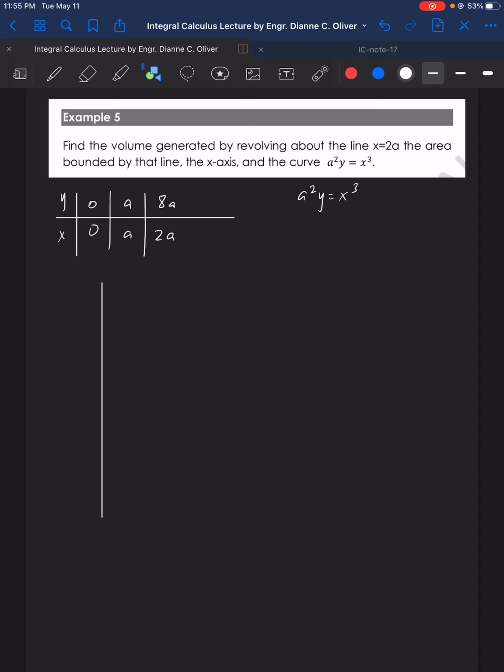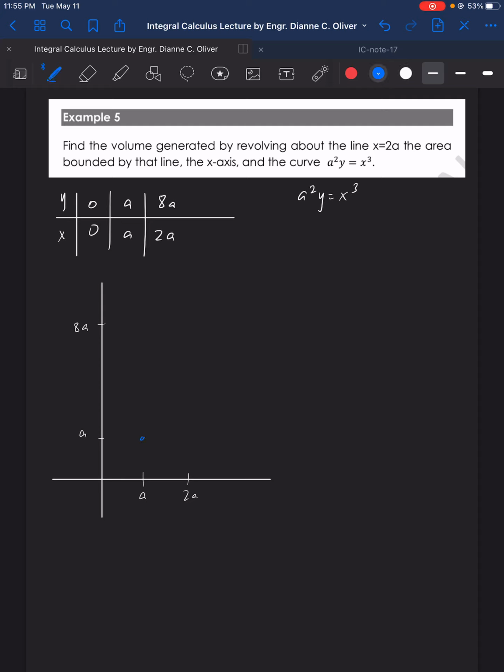So all positive. Again, if this is a, this is 8a, and this is 2a. This is a, and this is a.